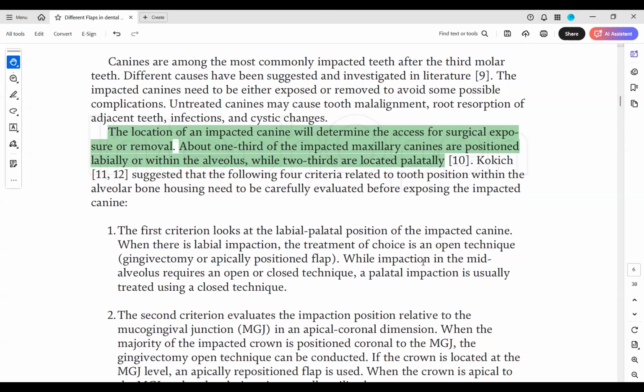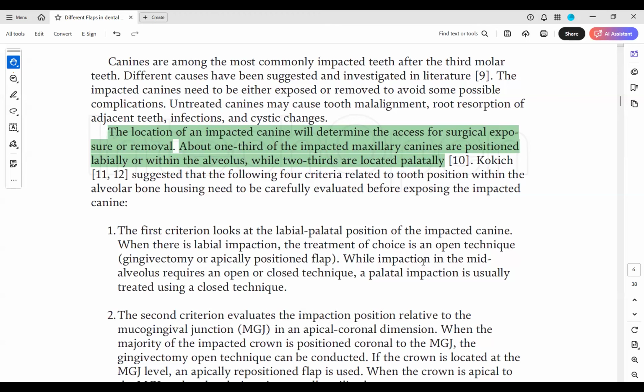Anyone here who remembers this concept we have done in the ortho section during our ultimate advanced file discussions as well. The position and the location, Garima, right? We have done that. So surgical exposure or removal are the two possible managements.